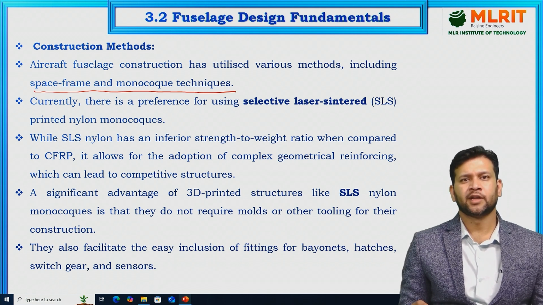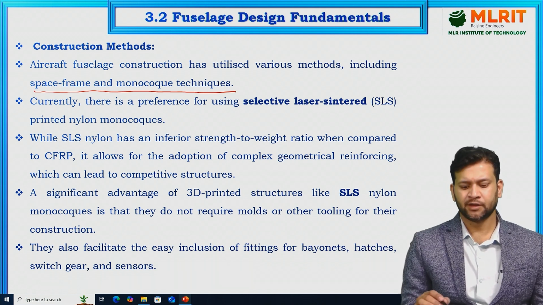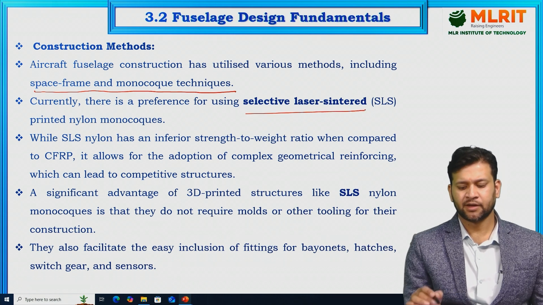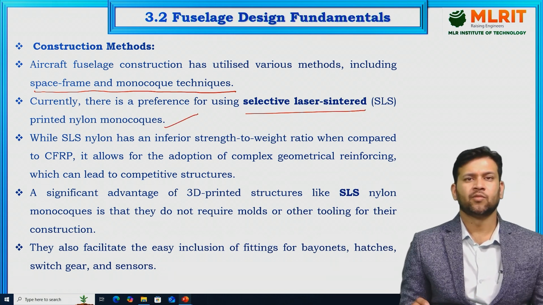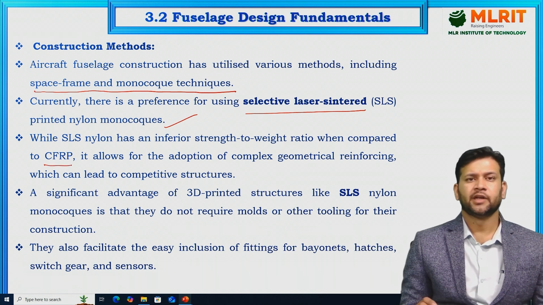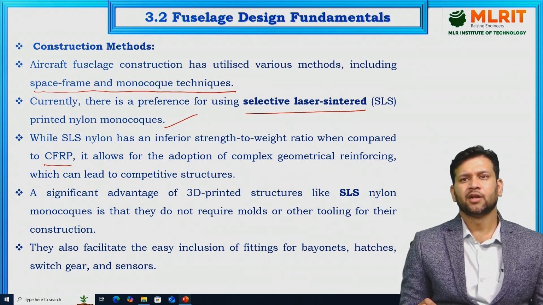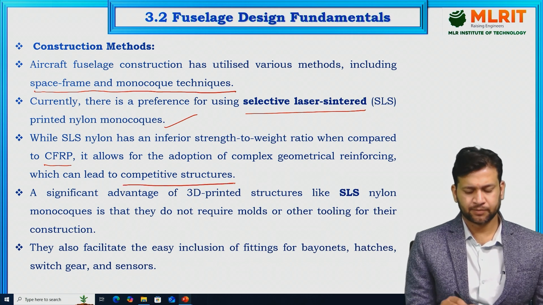Currently, there is a preference for using selective laser sintered printed nylon monocoques, while SLS nylon has an inferior strength to weight ratio when compared to CFRP. It allows for the adoption of complex geometrical reinforcing which can lead to competitive structures.